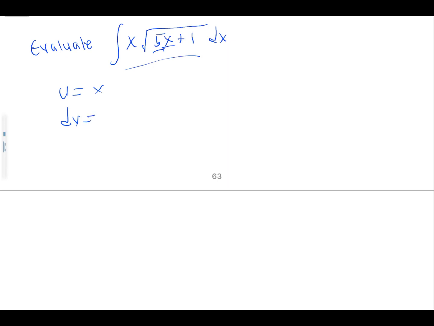Then we can say that our dv is equal to 5x plus 1, which is a square root, easy to integrate, and you can write it in this form: 5x plus 1 all power 1 over 2, as you learned in your indices class.